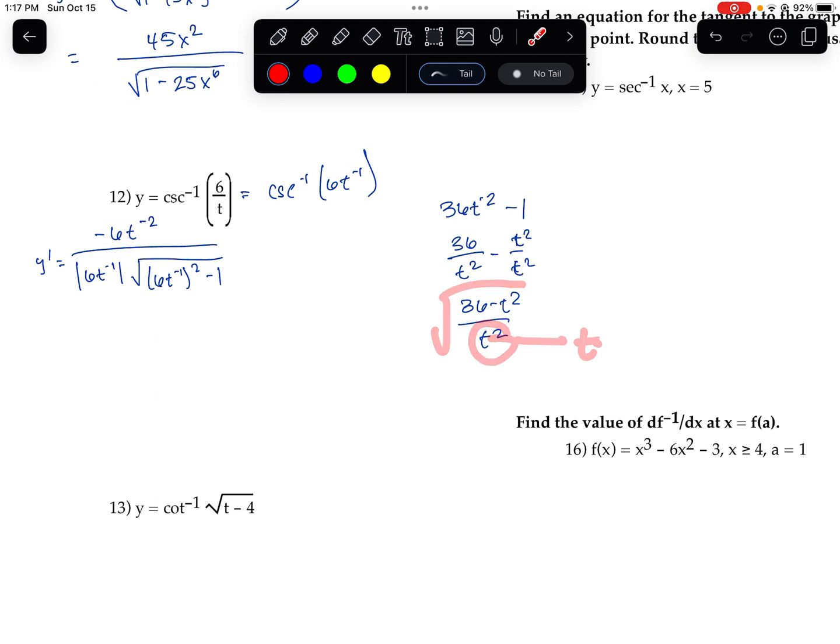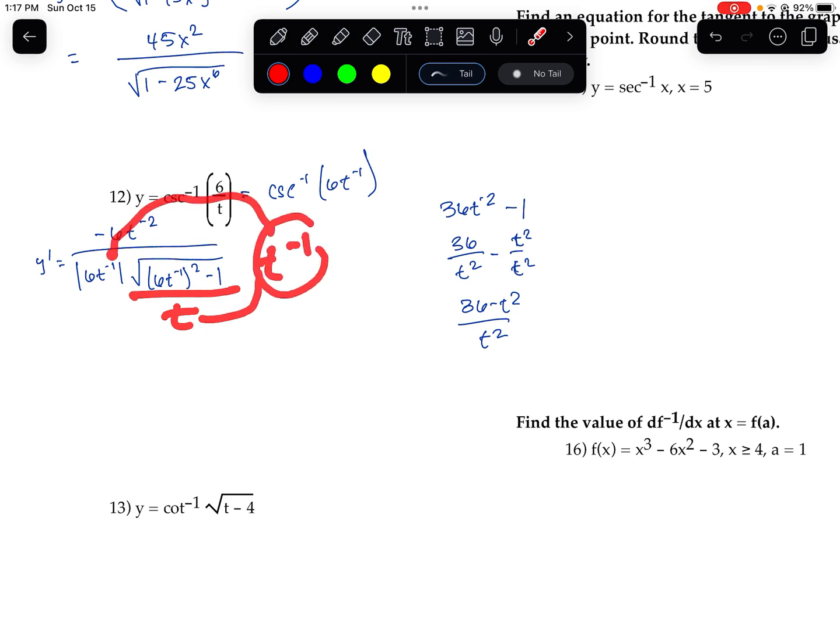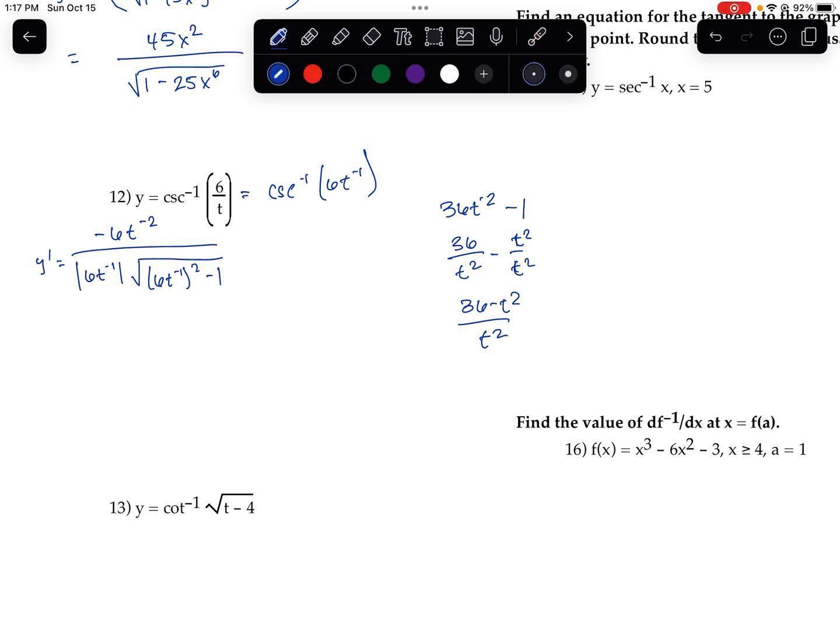Okay, but that would be in the denominator here. So if you had the t in the denominator here, I'm going to move it up to the numerator, which would make it t to the negative 1, which I could then add with this right here, which would make it t to the negative 2. Now, to simplify those, since it is absolute value, I'm just going to drop the absolute value and say that t is always positive, therefore we don't have to worry about that.